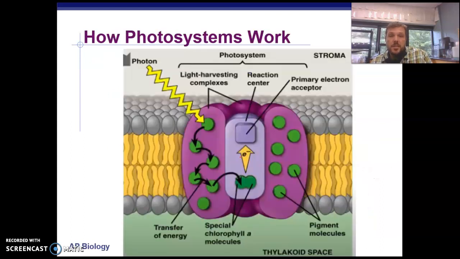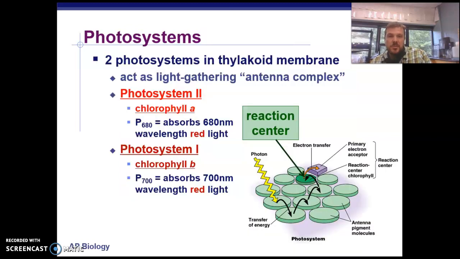Oh, hey, there's the reaction center. Great. So here is another look at the exact same thing that I just had up here. So here I've got the photon coming in, energy is being transferred, antenna pigment molecules are getting excited, and then eventually we get to the point where that energy gets to the reaction center chlorophyll and it ejects an electron to a primary electron acceptor.